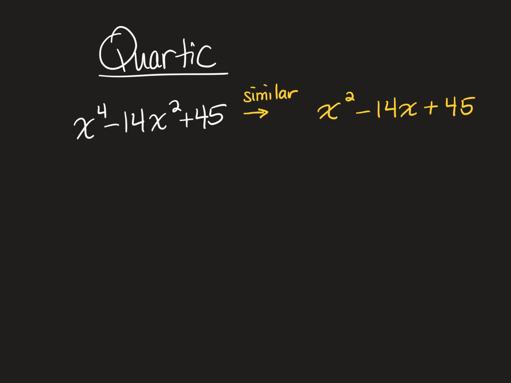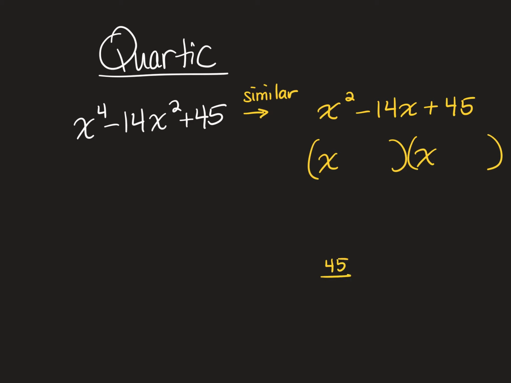Okay, so if we factored the yellow for a minute, going back to our factoring without a box, we set it up so that we know it's going to work. And the first thing we do is we set up the fact that we know that those first two values have to be x's. So once we have that set up, then we think about, okay, what are my values that are going to multiply to be 45?